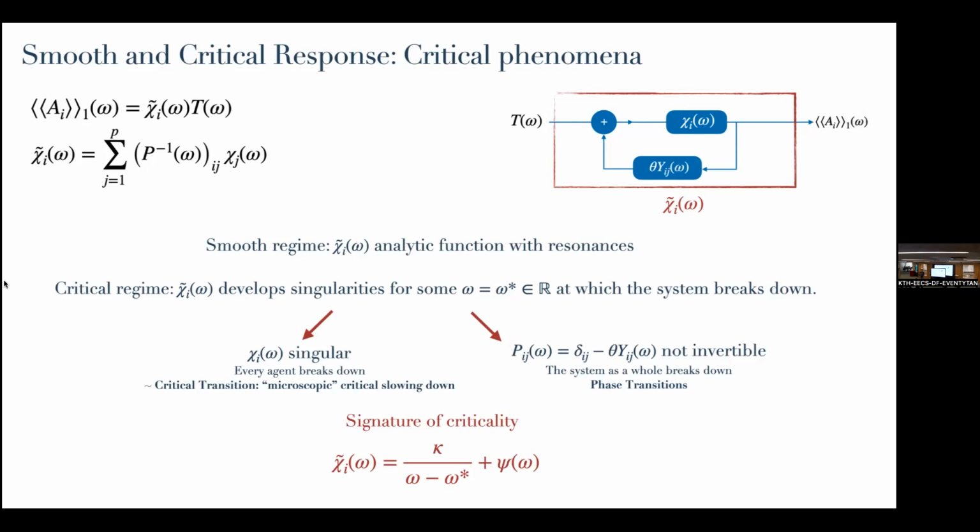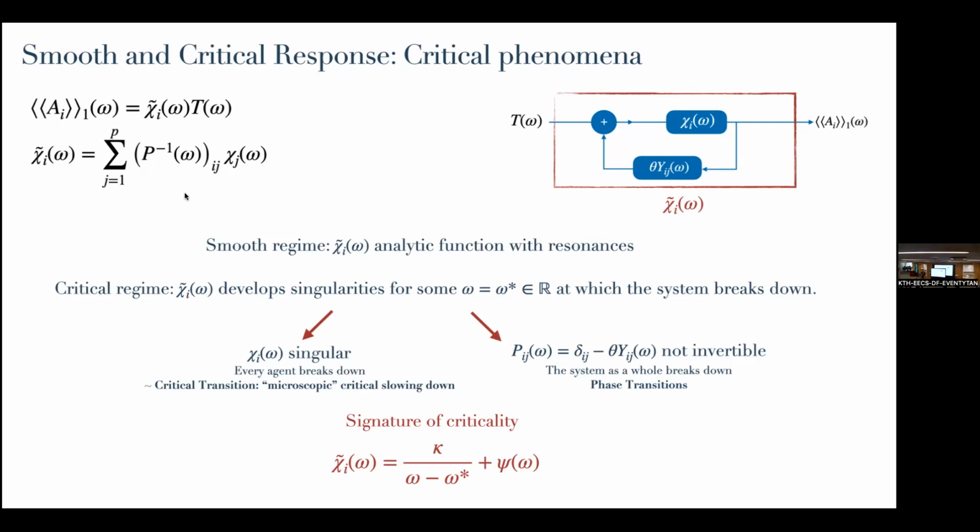If we apply the same framework here, we can see that a singular value of this susceptibility can come from two different effects. Either the single agent susceptibility, and this means that if you apply a perturbation, you're destroying each agent of the ensemble.